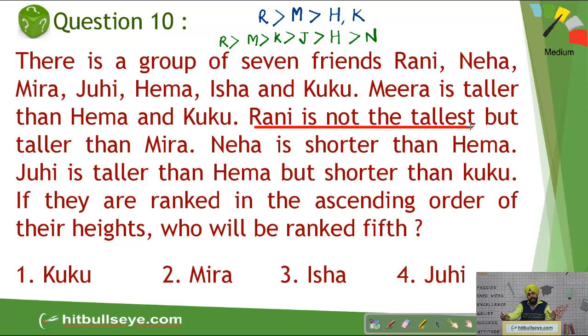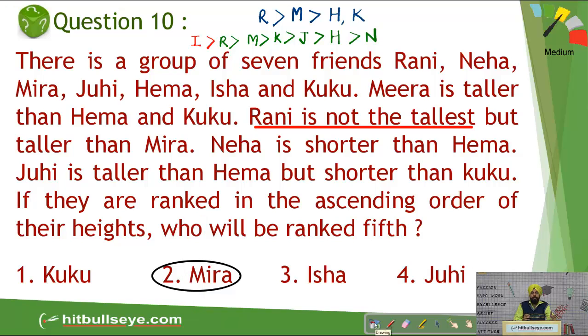And you already have 6 persons arranged. So the 7th person left is I. So that has to be taller than R, as R is not the tallest. So who is the 5th person if they are ranked in the ascending order? So N, H, J, K and M. So students, the answer will become M here, that is Mira.